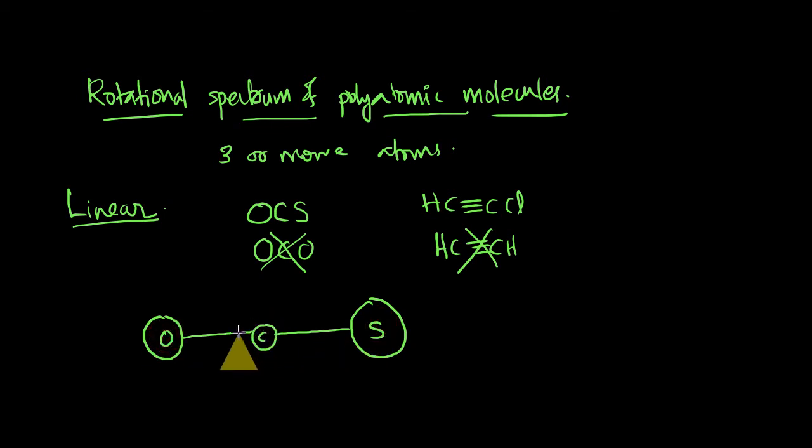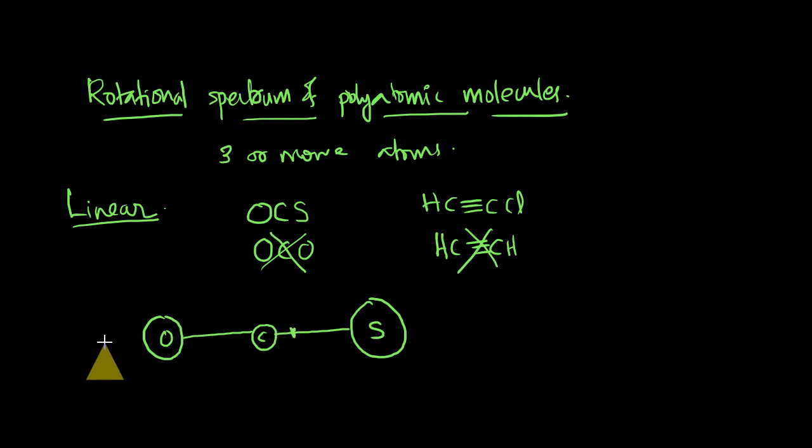The center of gravity of this molecule lies somewhere here. It is not on the carbon, but somewhere to the right of the carbon, close to sulfur, because sulfur is the heaviest of these three atoms. So this is the center of gravity.